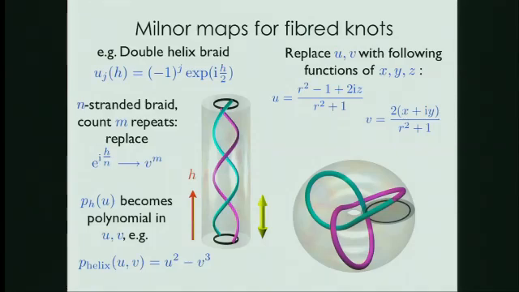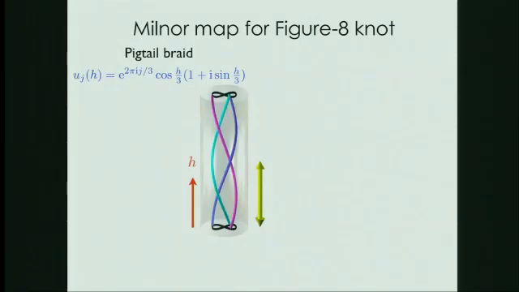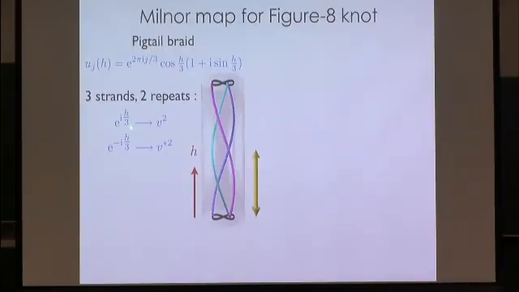But this idea of braids can now be extended. So that pigtail braid I was showing you before, this is like braided hair, now doing this same trick of replacing, where this is the number of strands, 3 strands, and this is the number of repeats. I've chosen to repeat it twice. But because this trigonometry now involves both cos and sine, I'm not just involving v, I also have the conjugate of v.